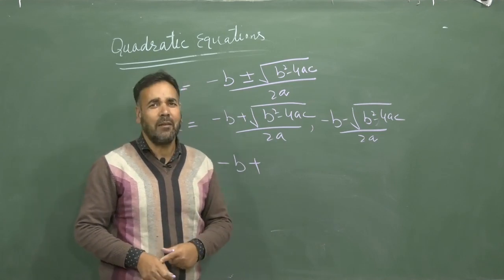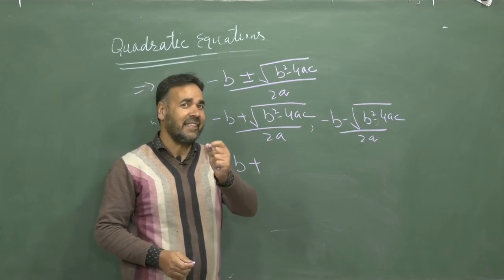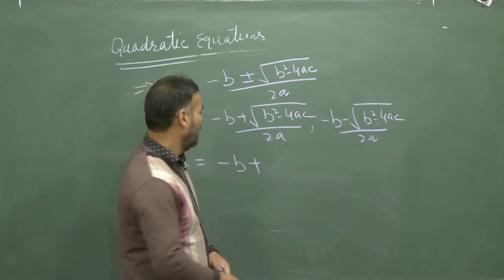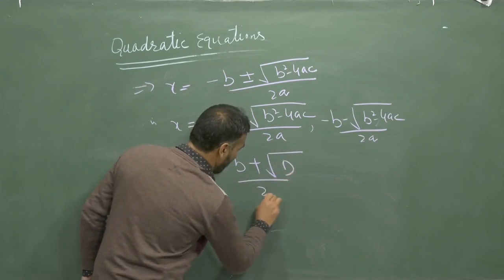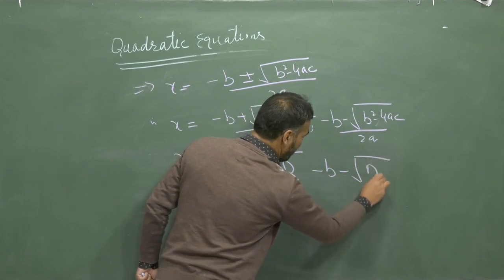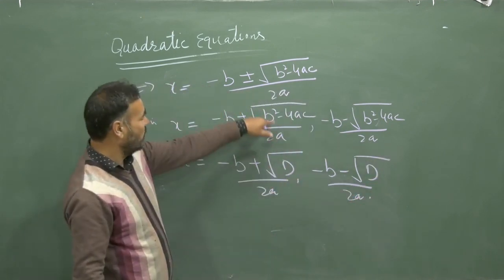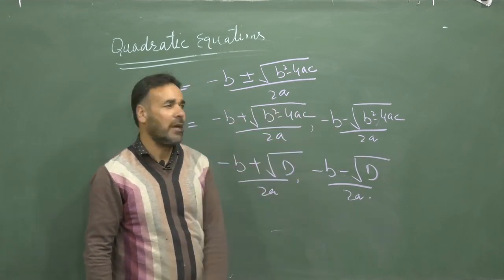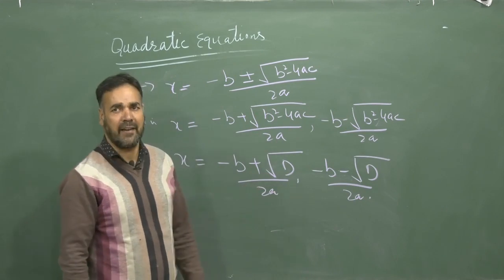It is denoted by a letter d, where d indicates that it is the discriminant. So minus b plus square root of d divided by 2a, and minus b minus square root of d divided by 2a, where d is equal to b square minus 4ac. So these are the two roots of the quadratic equation.